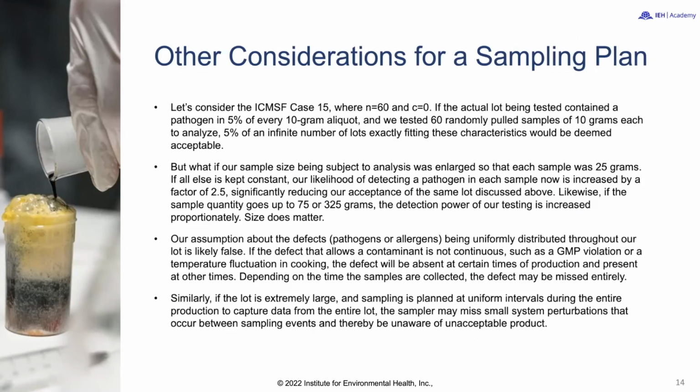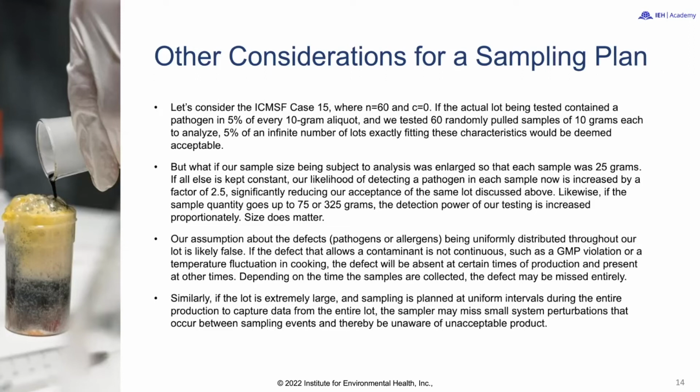Okay, thank you, Don. So let's go back to the ICMSF case 15, which you probably don't remember, but that's a common one that's used in the food industry where the number of samples pulled from a lot is 60. And the C equals 0 just means that we're doing presence, absence, and any presence of a pathogen would result in a failed test. So this is a common sampling plan.